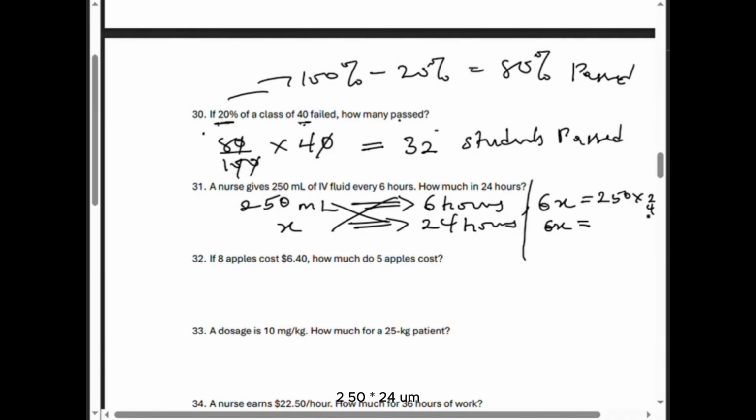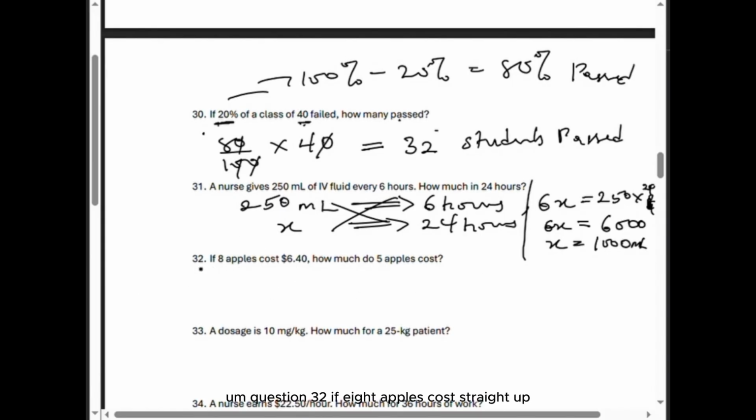You need to use a calculator. 250 times 24 is 6,000, and x is 1,000 milliliter. If you are asked to change to liters, this is going to be 1 liter.